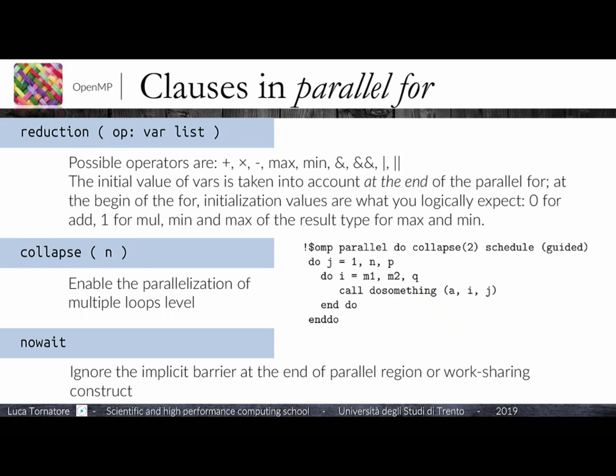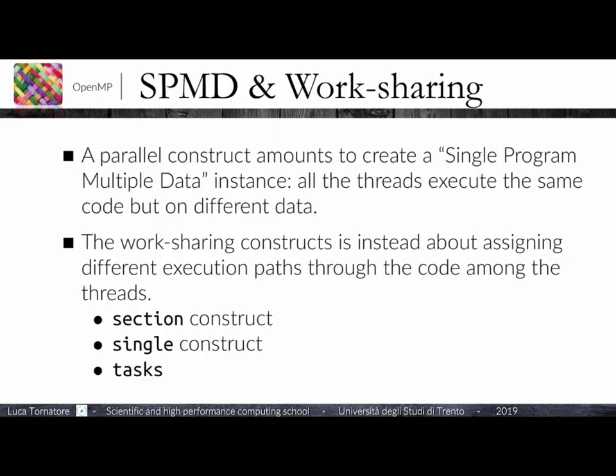Otherwise, all the threads will wait here, and here, and so on. And then, of course, at the end of this parallel region. So you can put a nowait, and even here a nowait, but here it is meaningless, because at this point it has to wait, since it must be destroyed with all its brothers. So reduction, now we'll see an example.